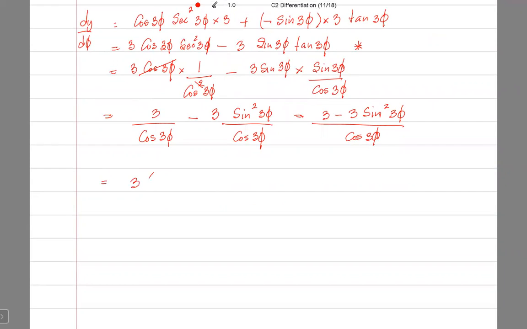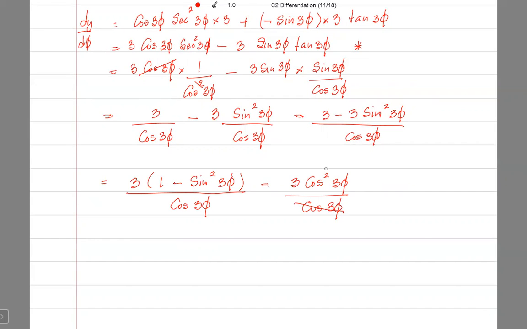So I have 3 into 1 minus sine squared 3 phi, divided by cos 3 phi. Now, 1 minus sine squared is the same as cos squared. So this is 3 cos squared 3 phi divided by cos 3 phi.